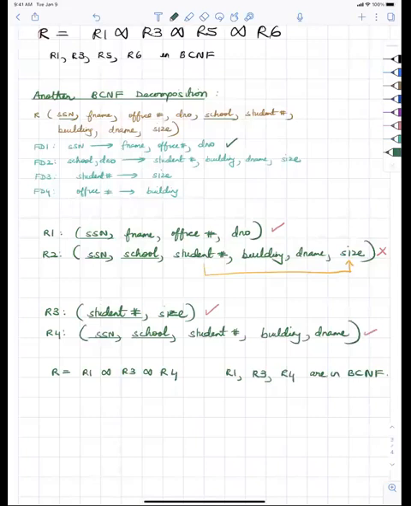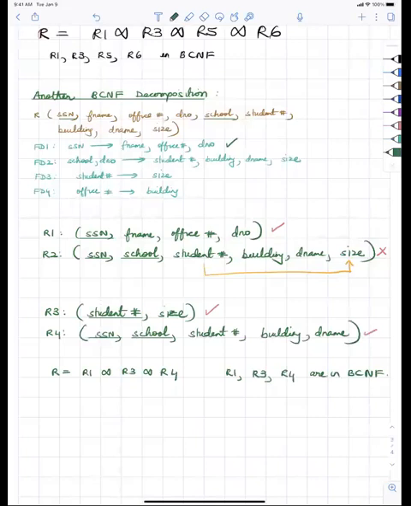Maybe you could get more. I just did two of these. Really, depending on the order in which you pick functional dependencies, you could get different tables. Also, remember I mentioned that when you're given functional dependencies, it's a good idea to find all the different possibilities before you start.